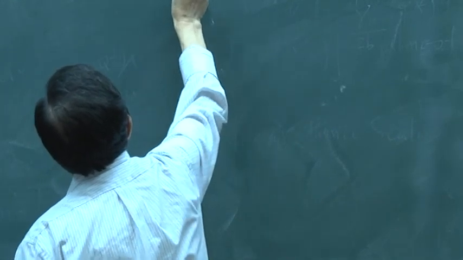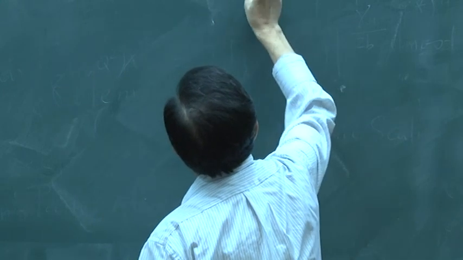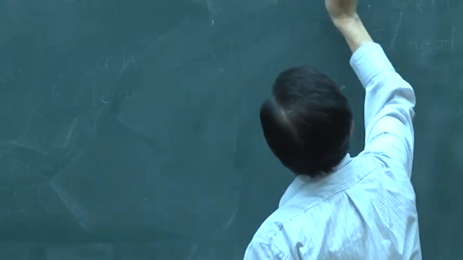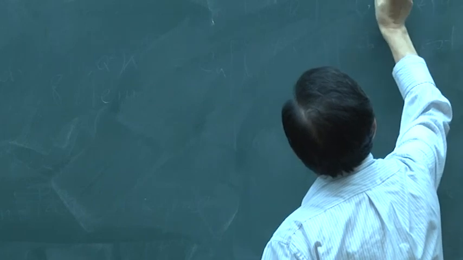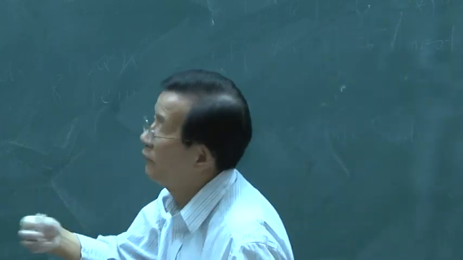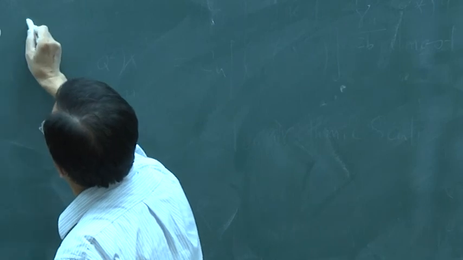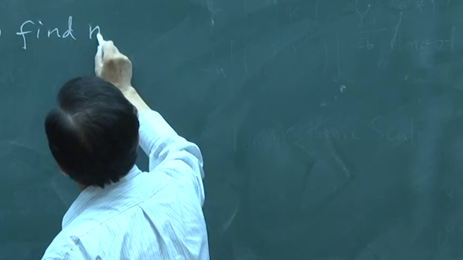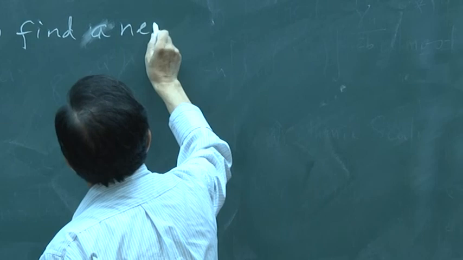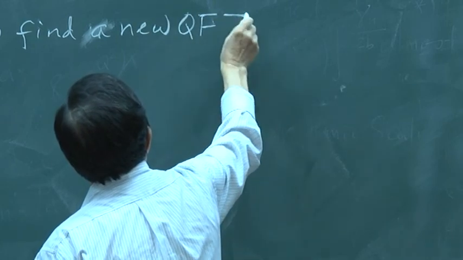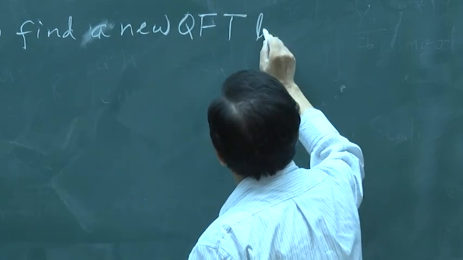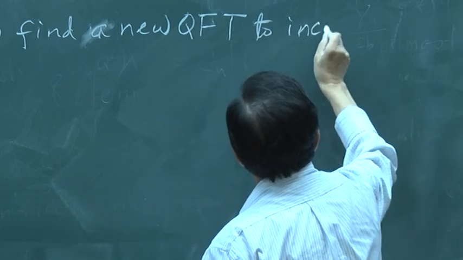You recall that the original motivation for Yang and Mills was to find a new field theory to incorporate isospin.